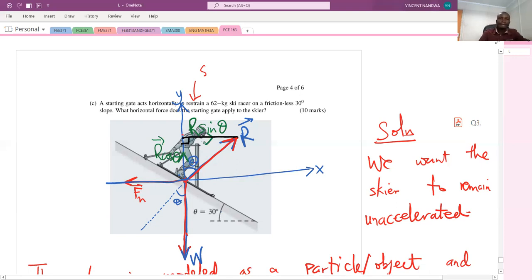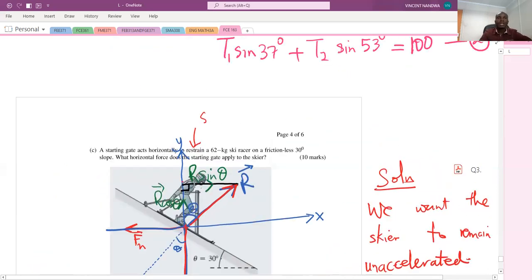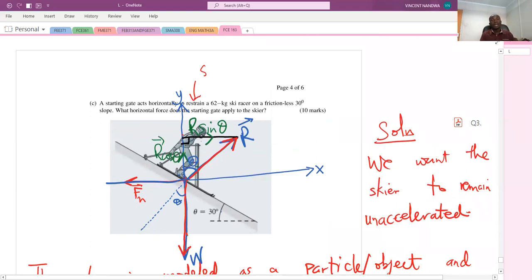Now in this diagram, horizontal forces, we have this R sine theta and this restraining force FH. So conventionally, we take forces acting in the right-hand side direction to be positive, forces acting towards the left-hand side to be negative, forces acting upwards to be positive, and forces acting downwards to be negative.